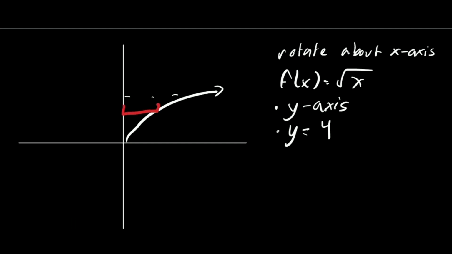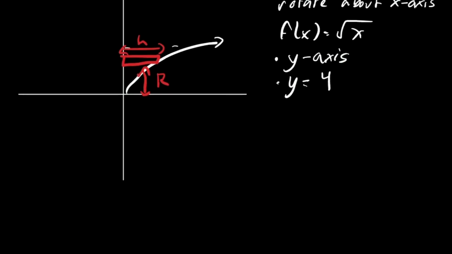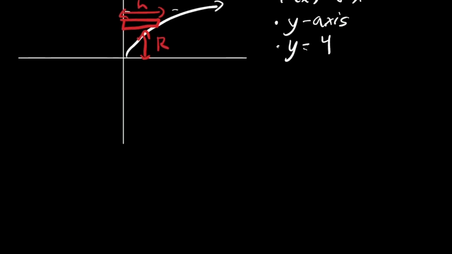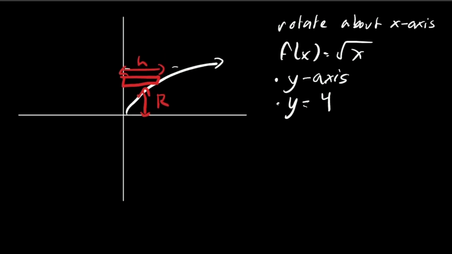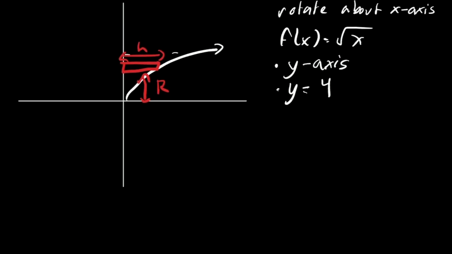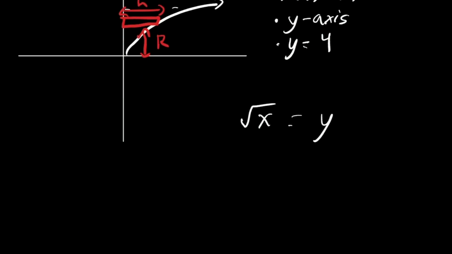So we draw a rectangle perpendicular to the x-axis. So this is our h, and this is our r. So let's see, our h is going to be, well, first we need to write the function in terms of y. So we'll have x equals y squared.